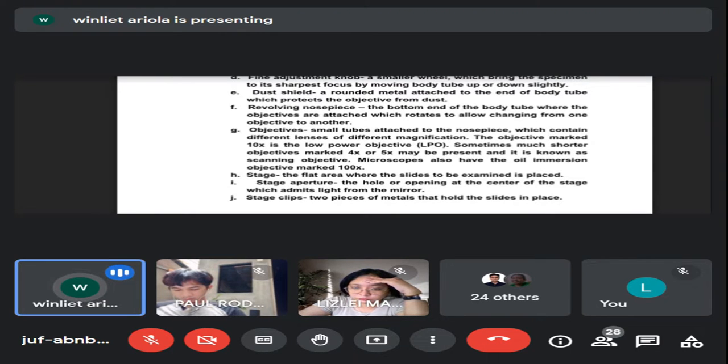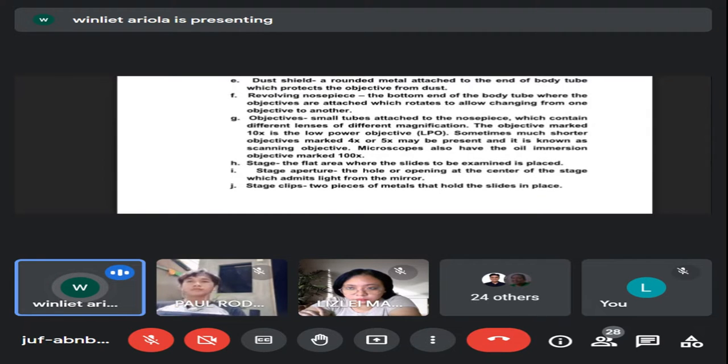Yung lens sa loob mismo is hindi nagkakaroon ng dust. It is because meron tayong dust shield. So it is a rounded metal attached to the end of the body tube which protects the objective from dust. So para hindi magkaroon ng dust, ng alikabok ang inyong objectives, so this is the function of the dust shield.